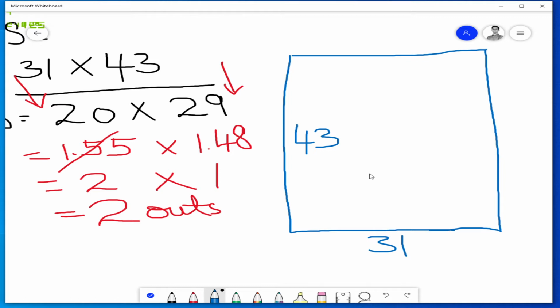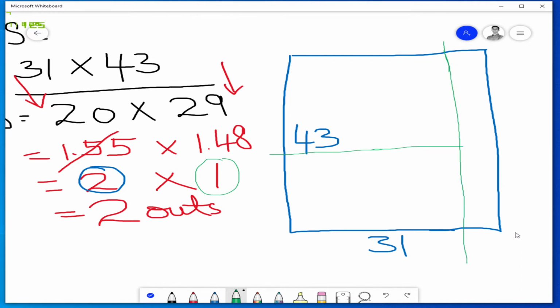Okay, so I know that this is 2, kan? So, 2 bahagian. Saya kerat kepada 2 bahagian. Cut. Yang ni 1 bahagian. So maybe somewhere around here.